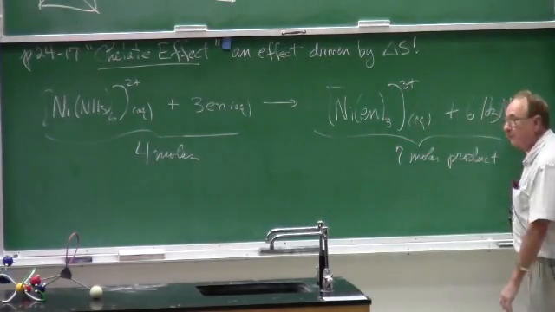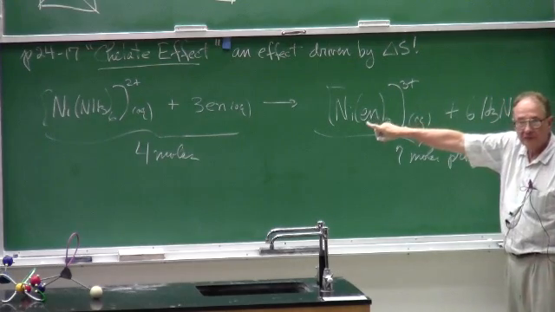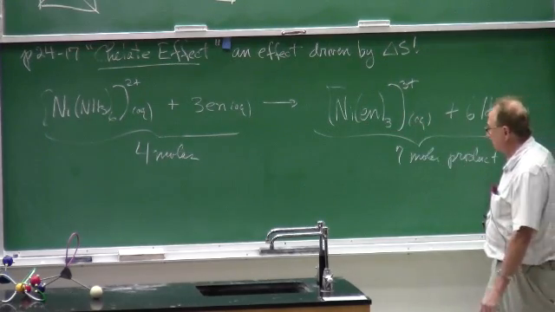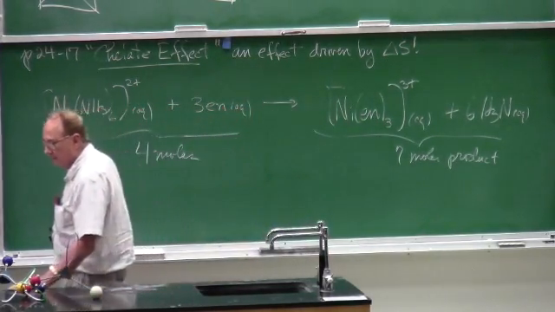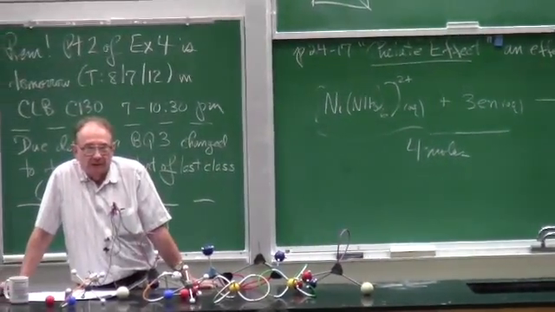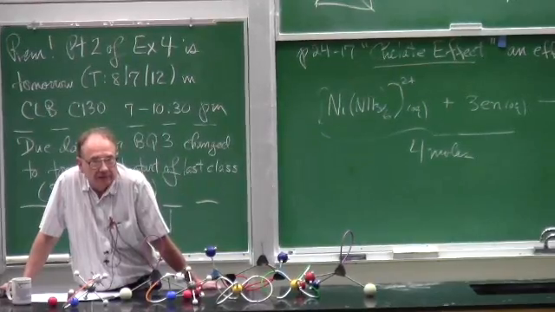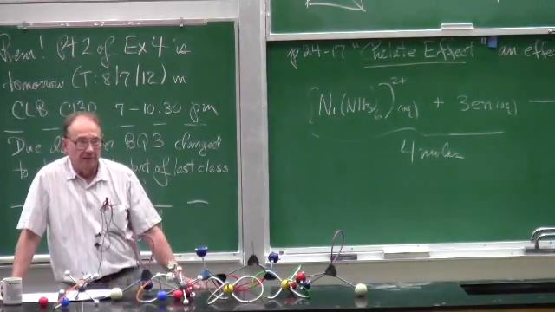1 mole of complex, and now 6 moles of the previously monodentate ligand ammonia molecules. So on a mole basis, what does this change look like from an Avogadro's perspective? Well, Avogadro's number to 3 sig figs is 6.02 times 10 to the 23rd.